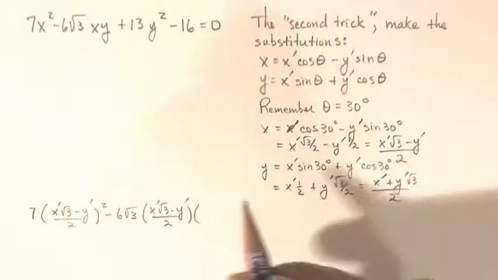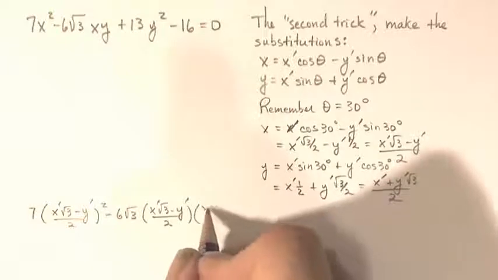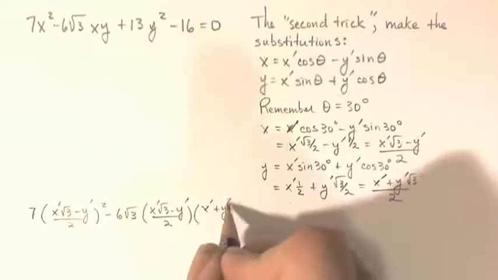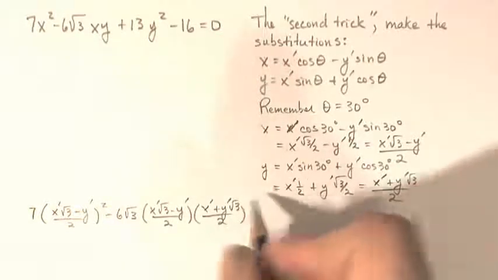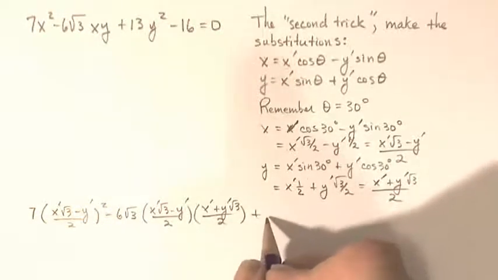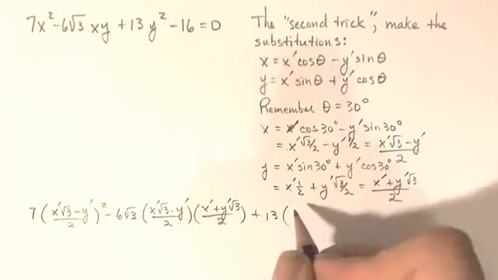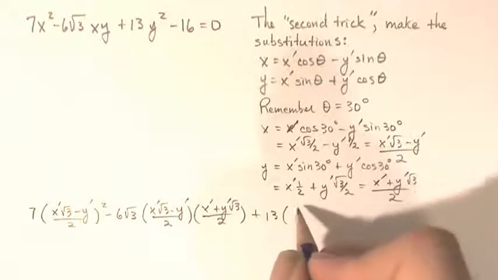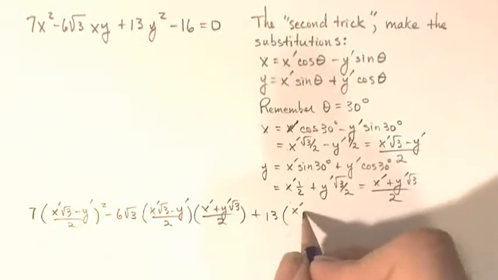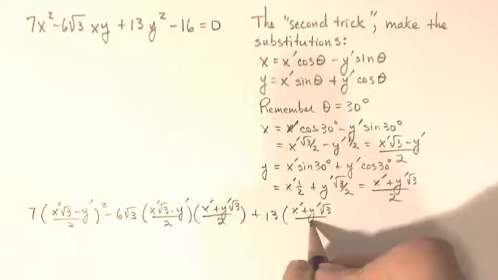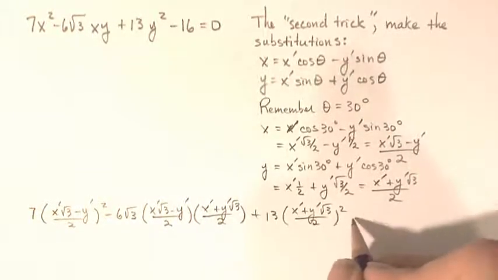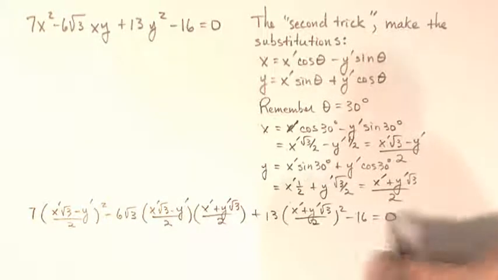Now we have to grab the y. This is x primed plus y primed root 3 over 2, plus 13. Grab the y again. X primed plus y primed root 3 over 2 squared, minus 16 is 0.